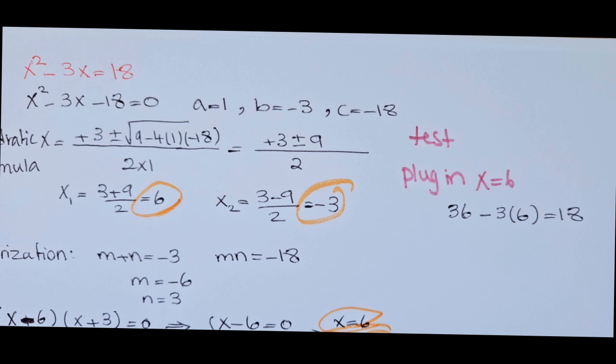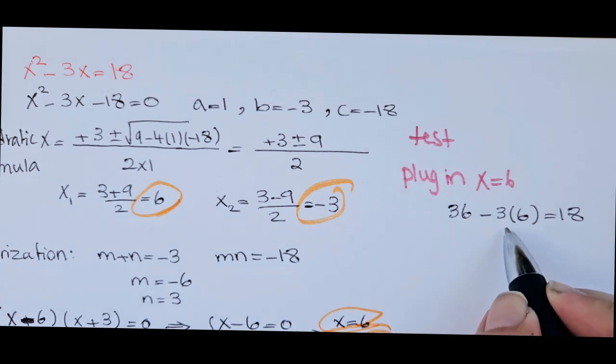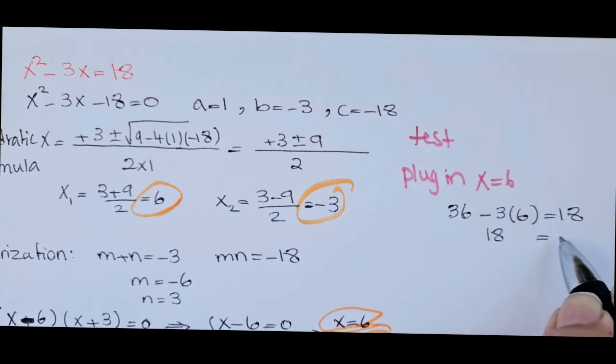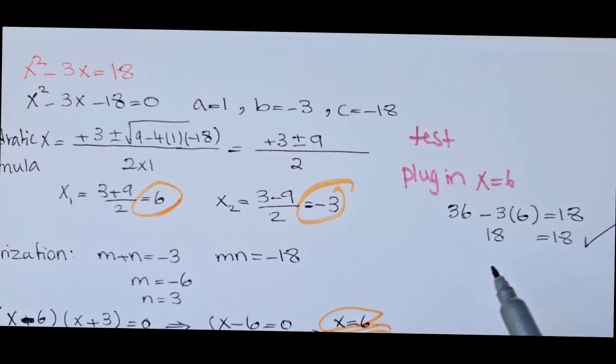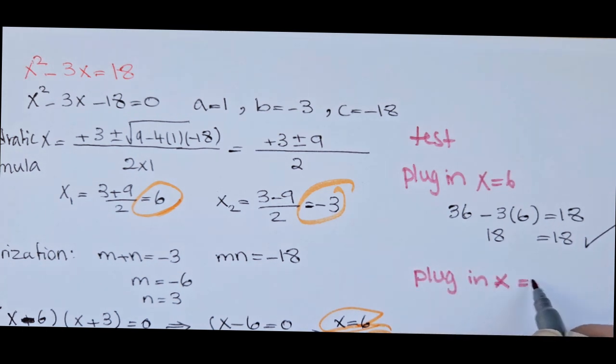If it's equal to 18, that means it's a correct root. So 36 minus 18, it's 18. 18 equal to 18. That's the correct answer. So x equal to 6. That's the first root. I checked it in. It's correct.